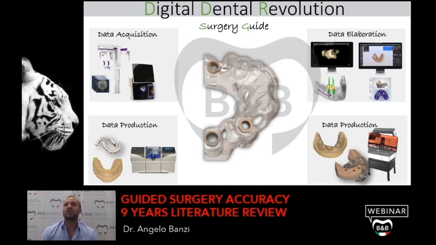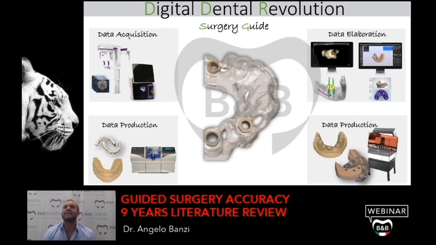Once the match has been done by the technician, it can be elaborated by the surgical software. With the surgical software, the doctor is going to decide the precise implant position guided by the radiological template, which is normally a copy of the final prosthesis.